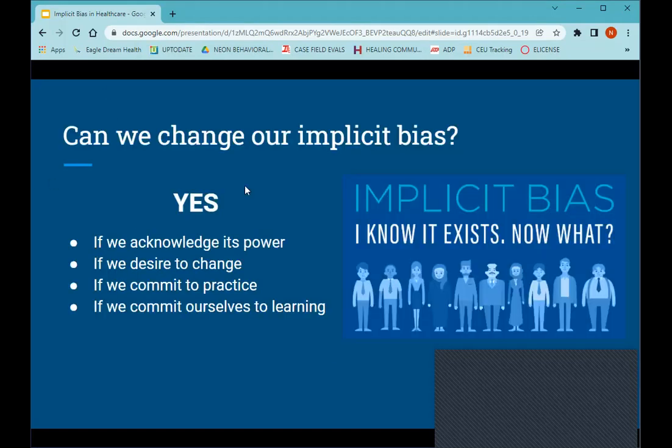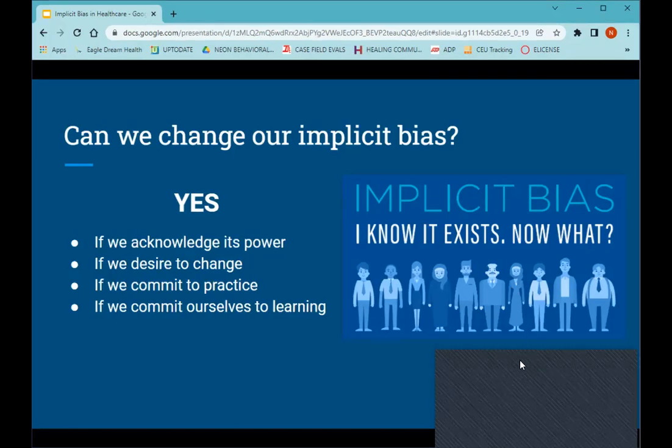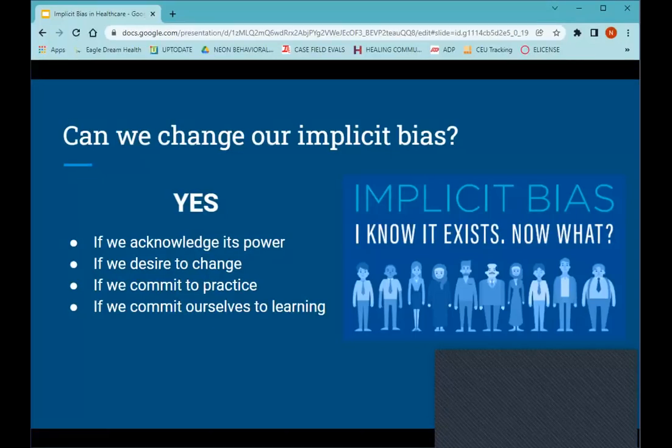All right, so can we change our implicit bias? Yes, we absolutely can. The research is clear on that. The research is also clear that it's not easy. It's going to require humility. And I want to say that it requires that we desire to change. There are people out there who have explicit bias and implicit bias. There are providers who are racist and don't want to change that, or are homophobic and don't want to change that.